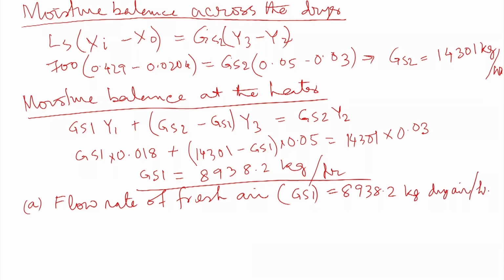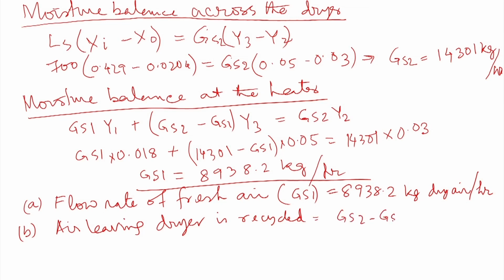Okay. Now we need to calculate how much air is leaving the dryer that is recycled. That is the second question: the air leaving the dryer that is recycled is equal to Gs2 minus Gs1.